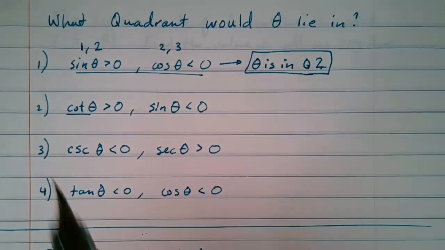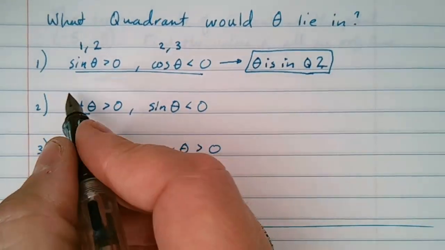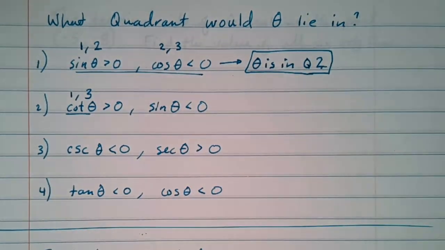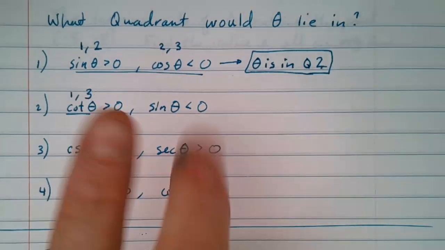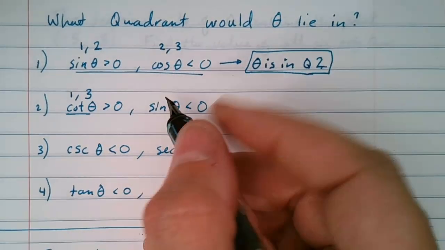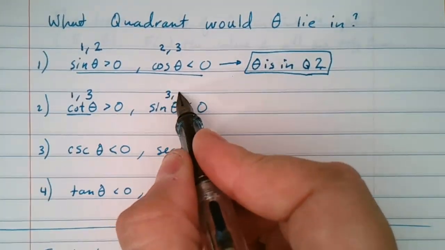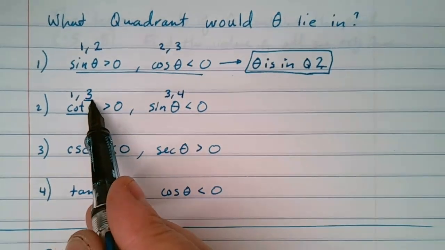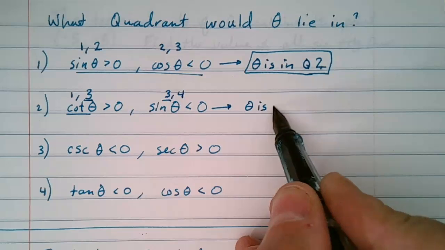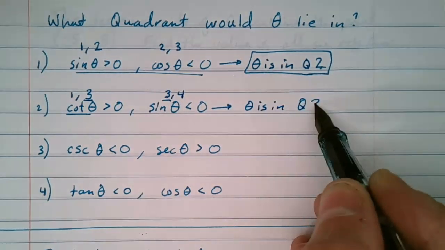It's positive in 1 and 3. And sine is negative. Well, all students, sine is positive in 1 and 2, which means it's negative in 3 and 4. Where are both of these things true? Theta is in quadrant 3.